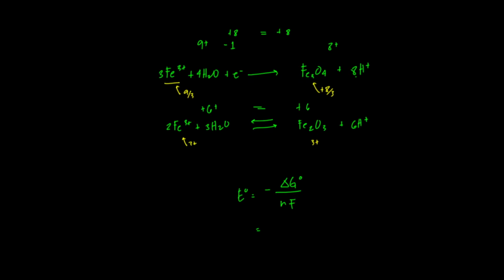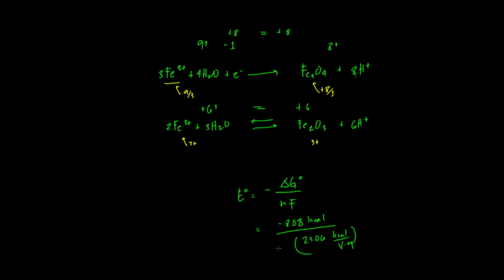So in our problem, we have delta G is equal to negative 8.08 kilocal, and the equivalent Faraday's constant for F is 23.06 kilocal per volt, sorry, I should say kilocal per volt equivalent, no?